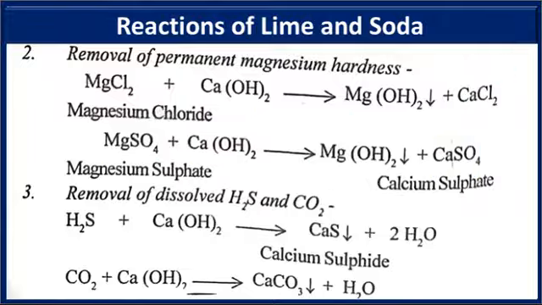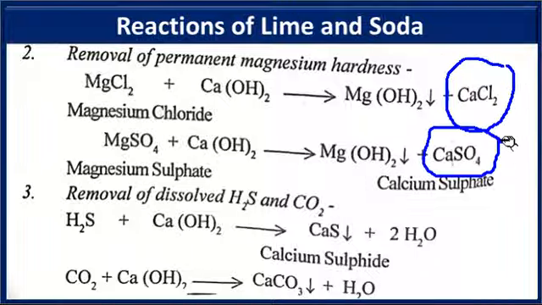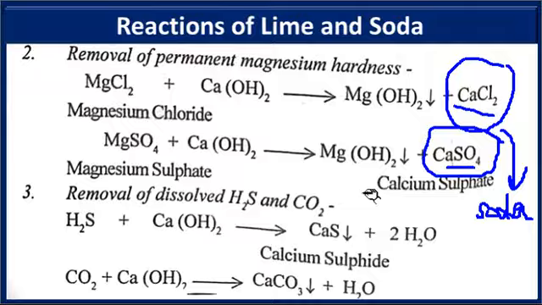So what we can conclude from these reactions is that when we add lime, the permanent magnesium hardness requires 1 mole of lime for its complete removal, but it generates 1 mole of permanent calcium hardness, which requires soda for its removal. So remember that permanent calcium hardness cannot be removed by the lime. For the removal of permanent calcium hardness, soda is required.